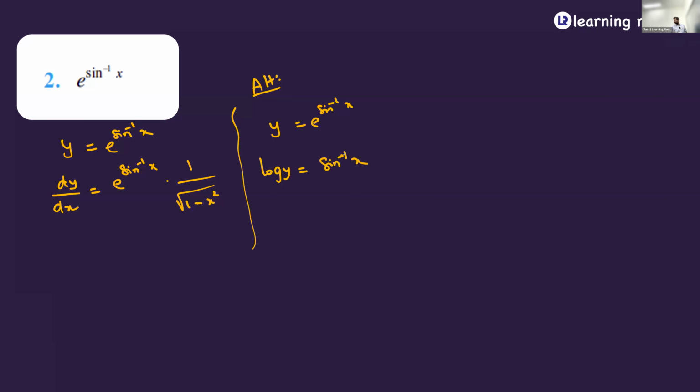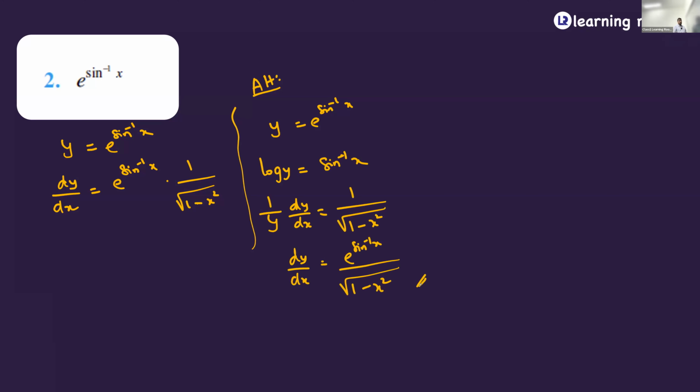So I directly wrote the function. So 1 by y into dy by dx is equal to, what is the derivative of sin inverse x? So what is dy by dx? y will go to the other side. It will be e power sin inverse x divided by root of 1 minus x square. So both are generating the same results.